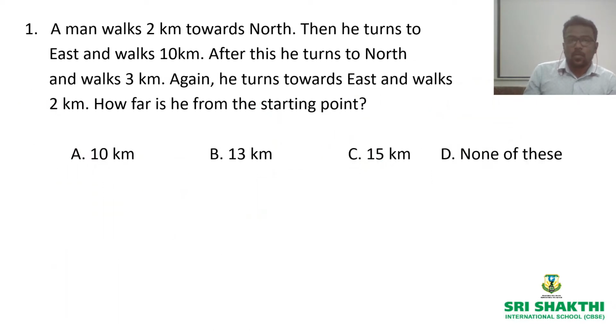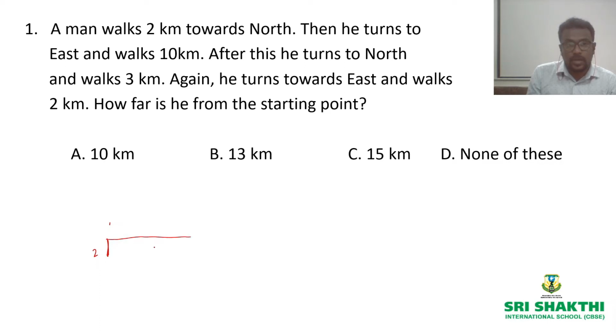A man walks 2 kilometers towards north. So assume that a man is standing over here and is moving 2 kilometers towards north. Then he turns to east and walks 10 kilometers. So east is in the right direction.